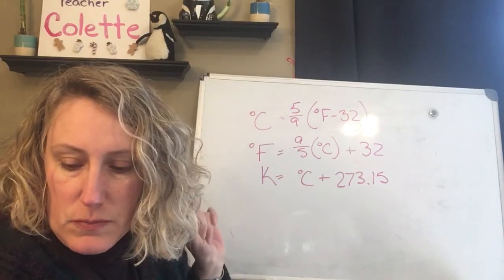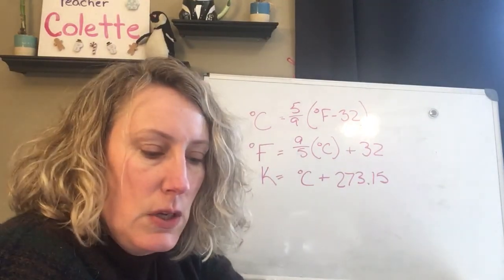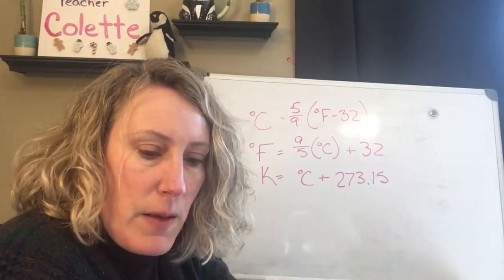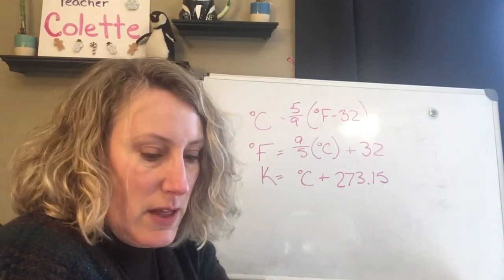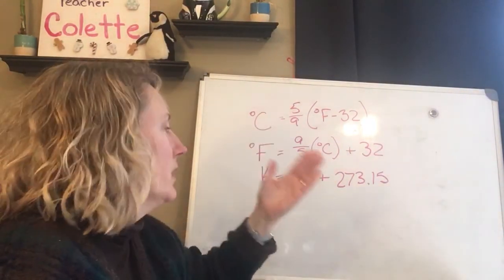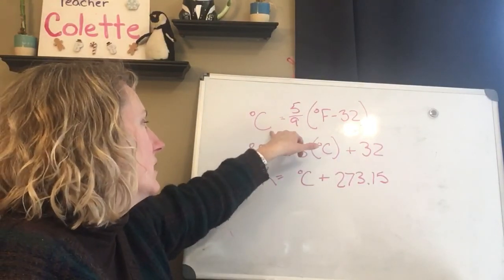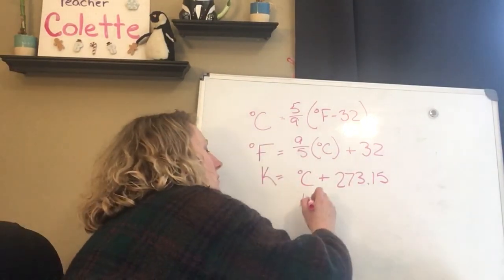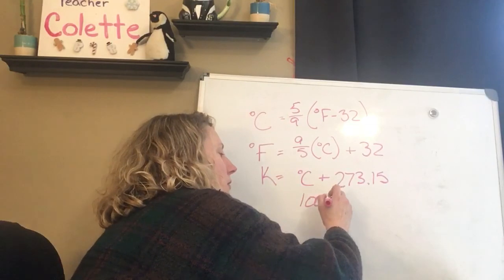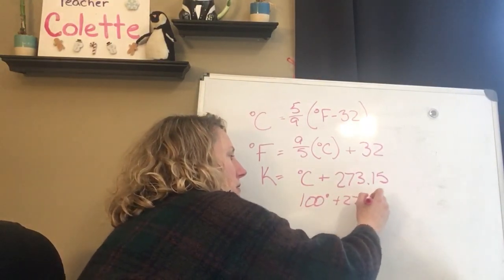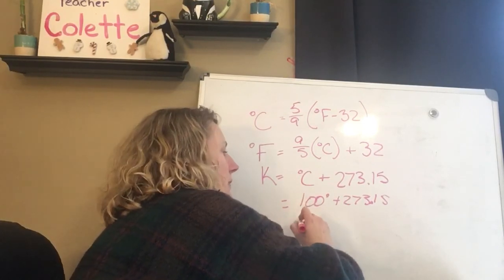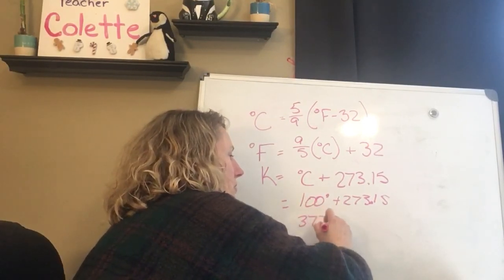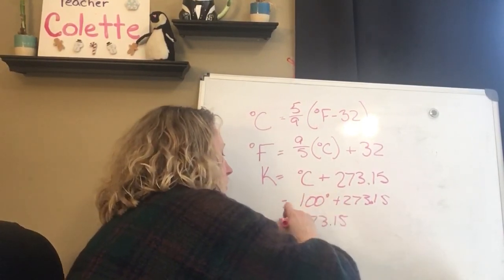Okay? So let's do page 47, example 2.2. What's the boiling temperature of water in Kelvin? Well, the boiling temperature of water in Celsius is 100. So 100 degrees plus 273.15, hopefully you can do that math, should be 373.15 degrees Kelvin.